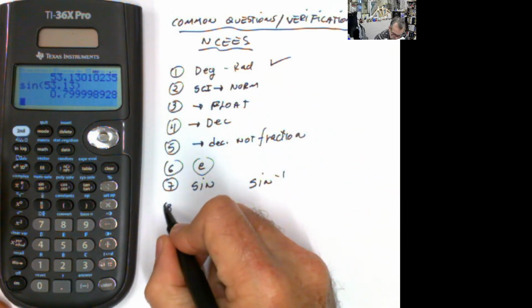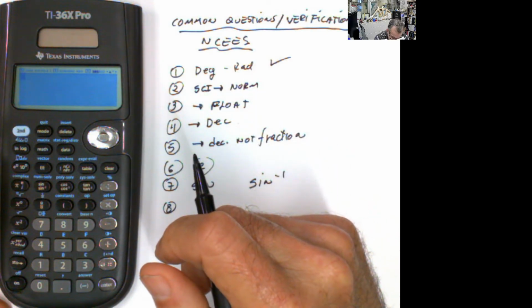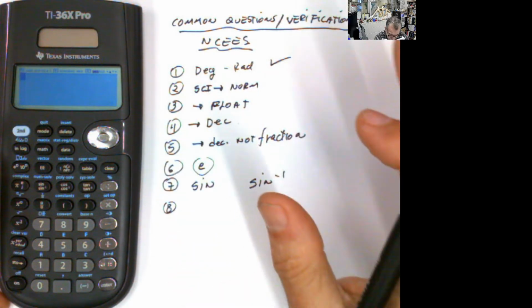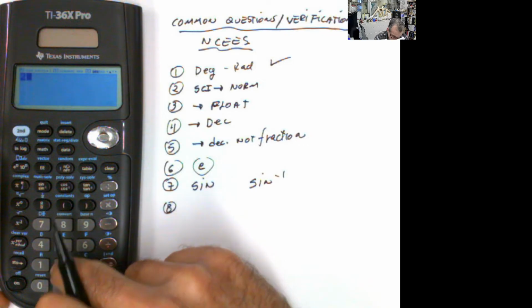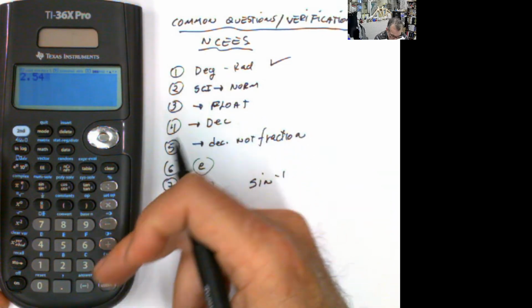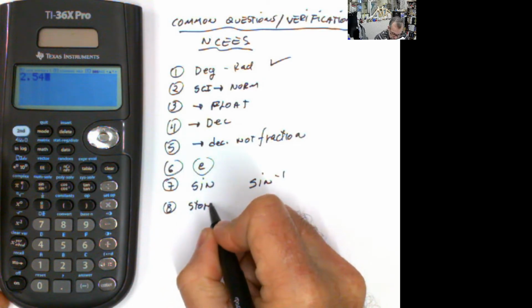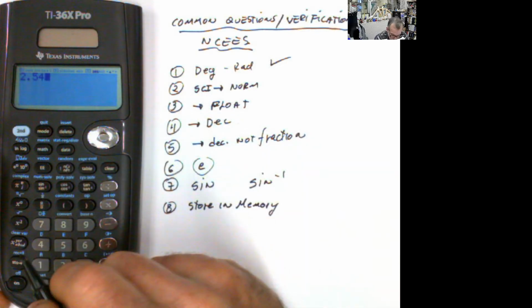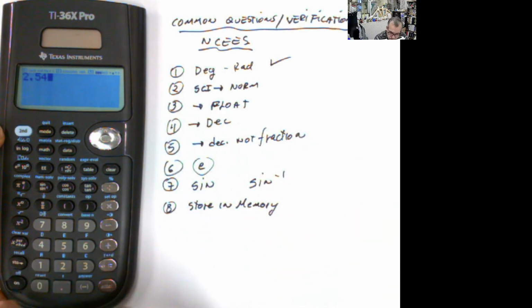How to store in memory? That's a function that you might use also. If you have a number that repeats a lot and you want to keep it in memory, it's very easy. Say you have the number 2.54 and you're going to be using it several times. You can store it in memory and recall it. The only thing you have to do is hit where it says store, and then assign a variable.